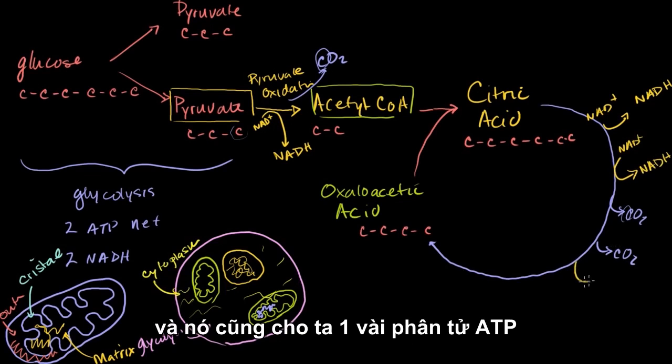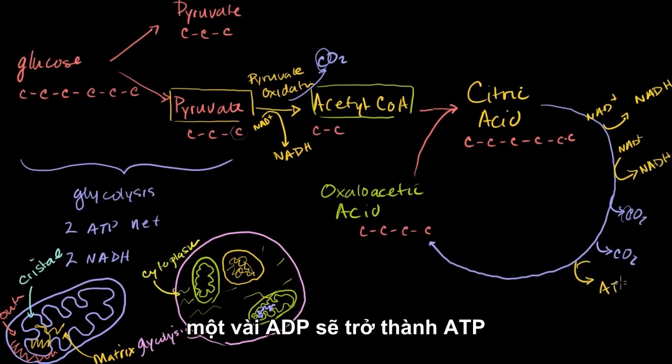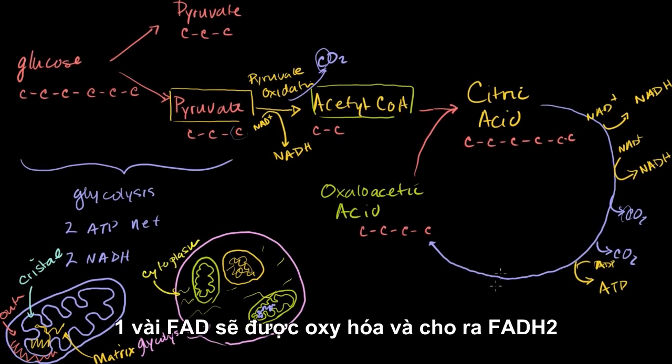Maybe we'll produce some ATP, some ADP will turn into ATP. Maybe we have some, and not maybe, this is what happens. Some FAD gets oxidized into FADH2.